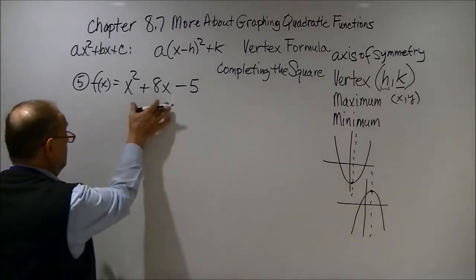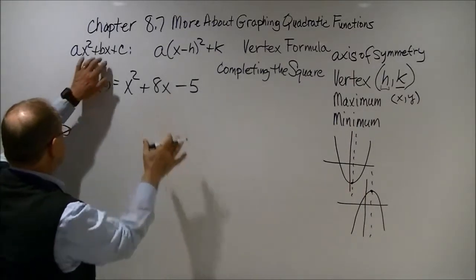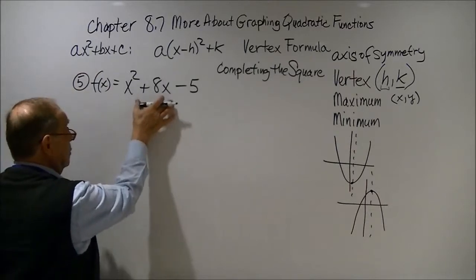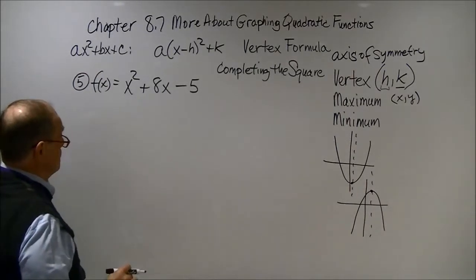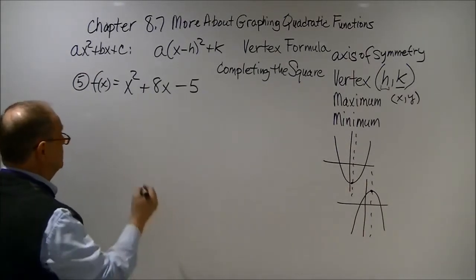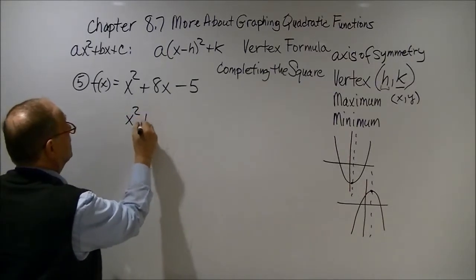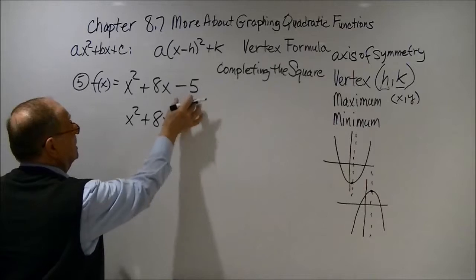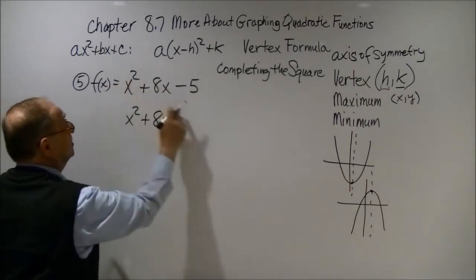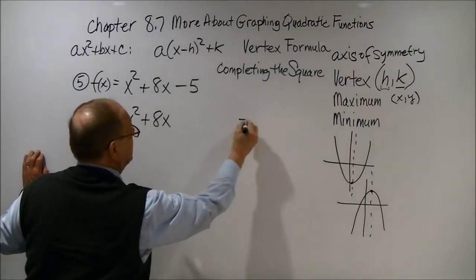Step 1 is to have the form in standard form of the quadratic expression. Step 2 is to rewrite it, but now take the C term and move it out here.